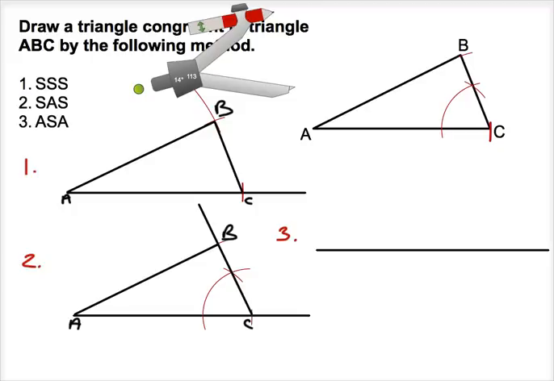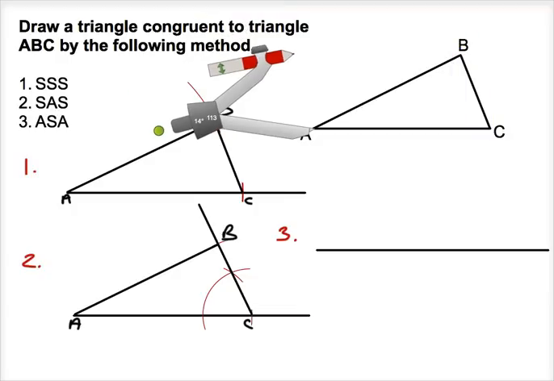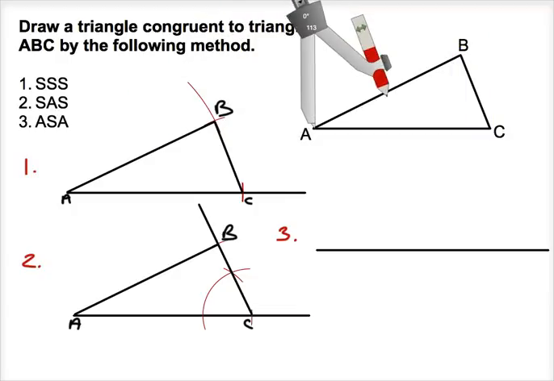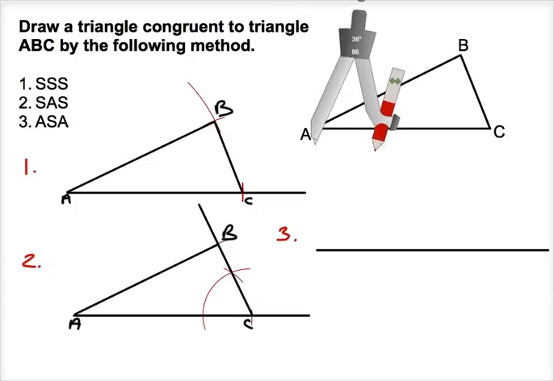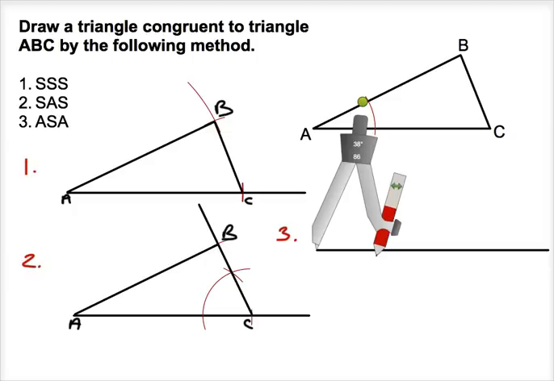So I'm going to start by copying angle A, and I'm going to get rid of the other markings I have in the triangle. I don't want to get confused by them. So to copy angle A, I'm going to swing an arc that hits both sides of angle A. Remember, it doesn't matter how big the arc is, just don't make it too small. And then I transfer that down here.